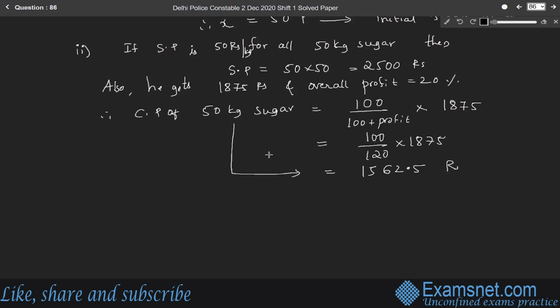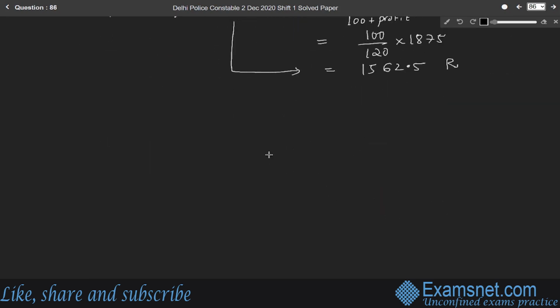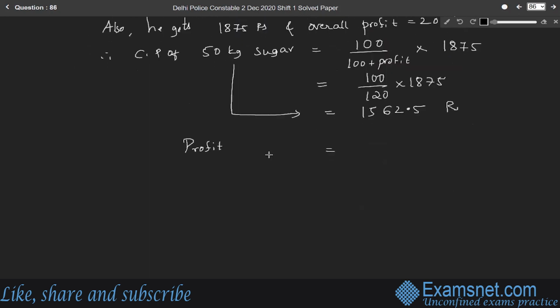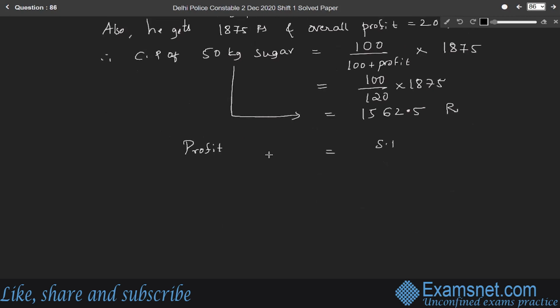So if he sells total sugar at the fixed price, then profit becomes selling price minus cost price. Selling price is, yes, 2,500.